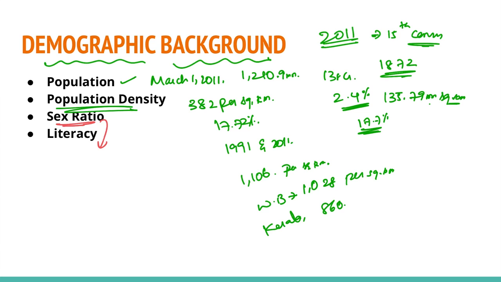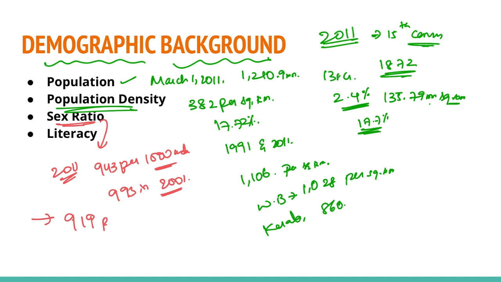As per the census 2011, the sex ratio in India is 943 per 1,000 males, which was 993 in the previous census, that was in 2001. The child sex ratio has declined to 919 per 1,000 males.